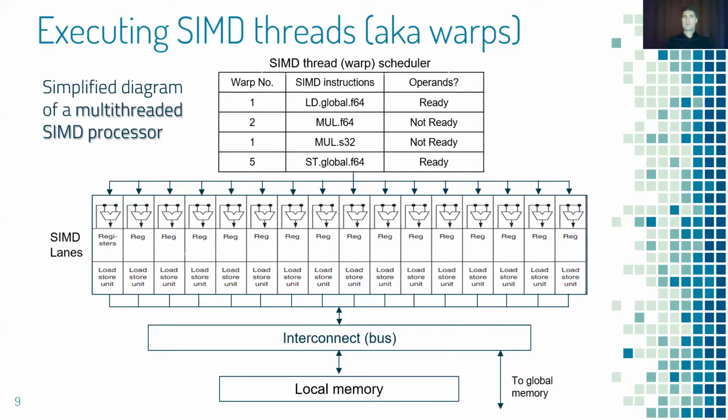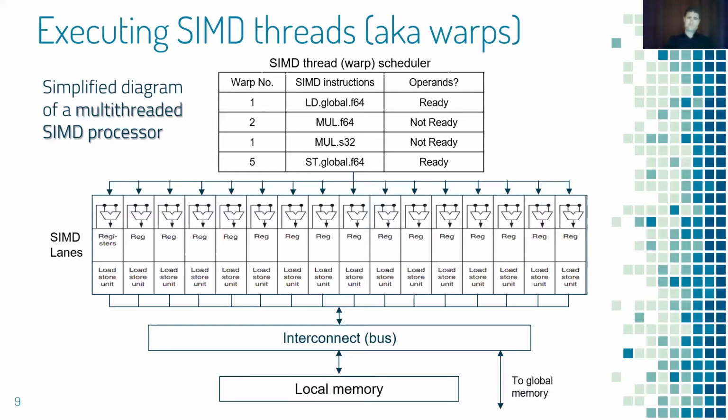The scheduler will pick a warp that is ready to be executed, and then execute its instruction across all SIMD lanes. A SIMD lane is nothing more than an ALU, an arithmetic logic unit, some registers where local results can be stored, and a load-store unit that can be used to load data from the local memory or from the global memory. This single lane is multiplied, in this case 16 times, so that we can execute a single warp of 16 data items within one cycle.